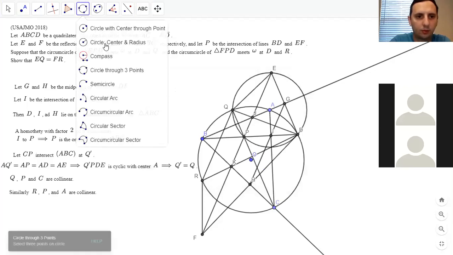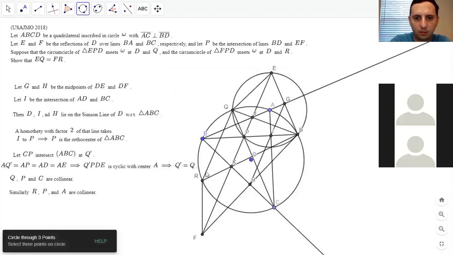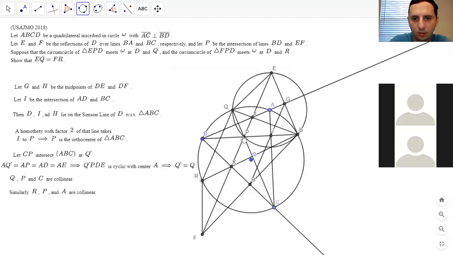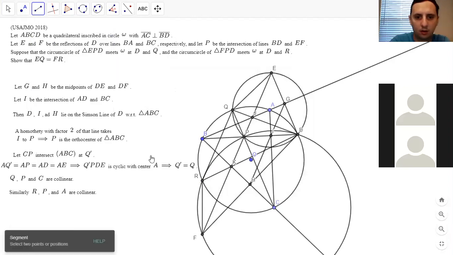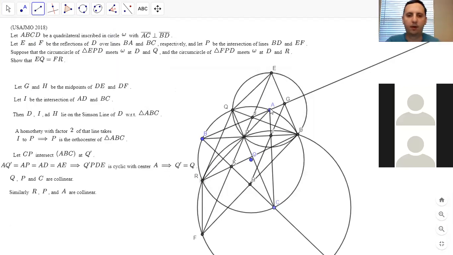And so we can draw that circle. What is it? RPDF, yeah. Then we have that.